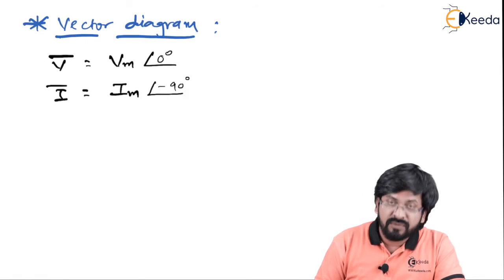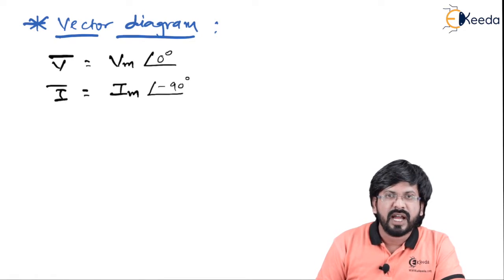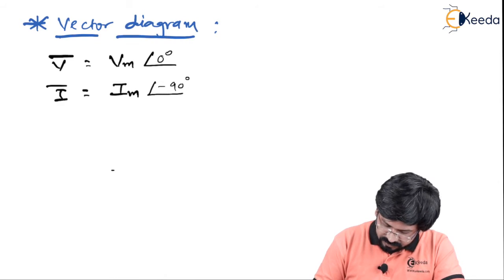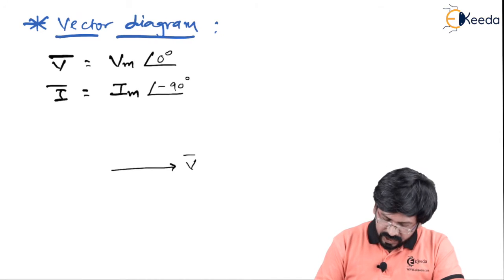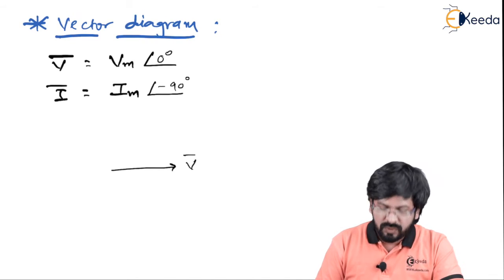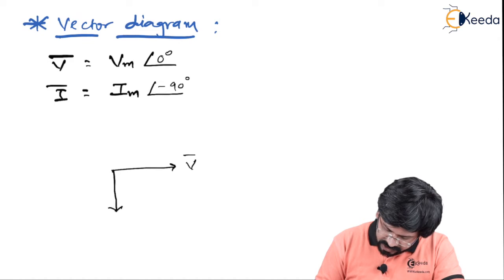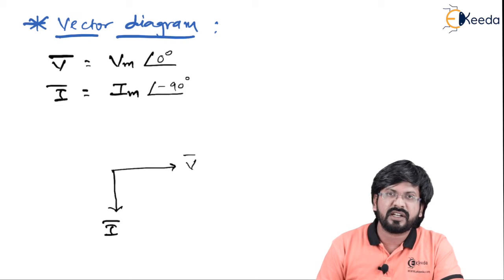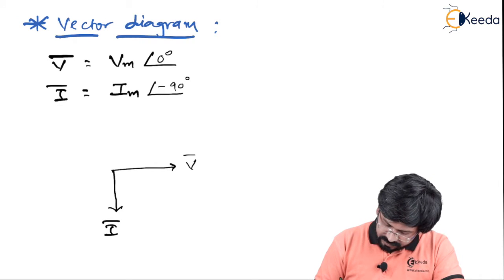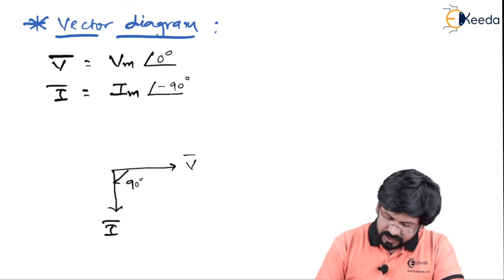If I start drawing the V vector, which has a phase equal to 0 degrees, I can draw it like this, whereas current is giving you minus 90 degree phase. Minus 90 degrees means I have to draw it over here. Remember, if it had been plus 90, I would have drawn the I vector on the upper side. The phase angle is 90 degrees.